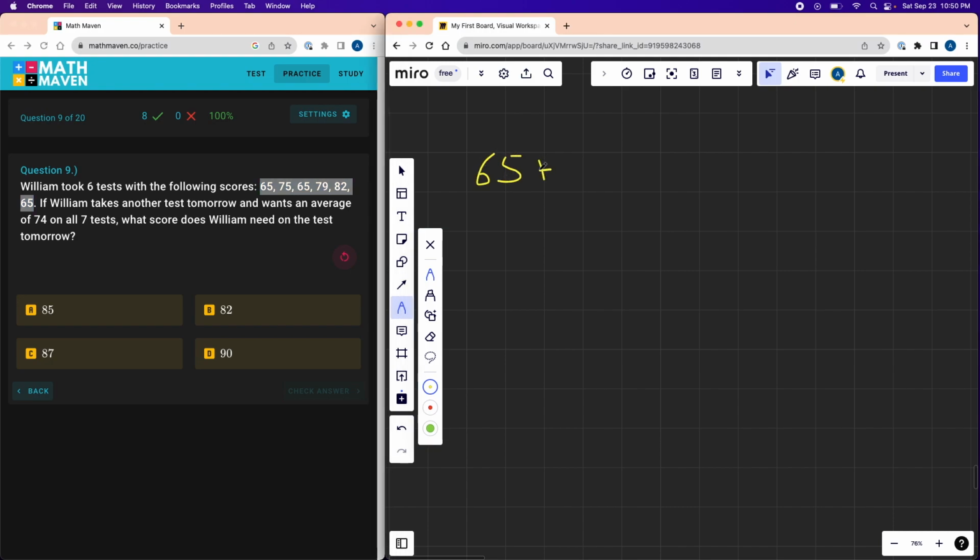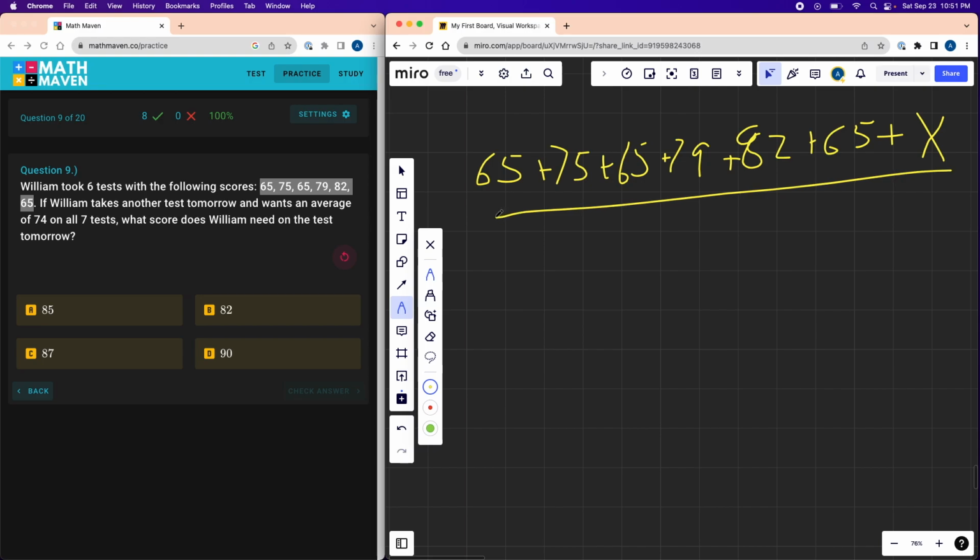We're going to have 65 plus 75 plus 65 again plus 79 plus 82 plus 65. That was the 6 tests that he already took, and then a 7th test, which we will call X, that he's going to take tomorrow.